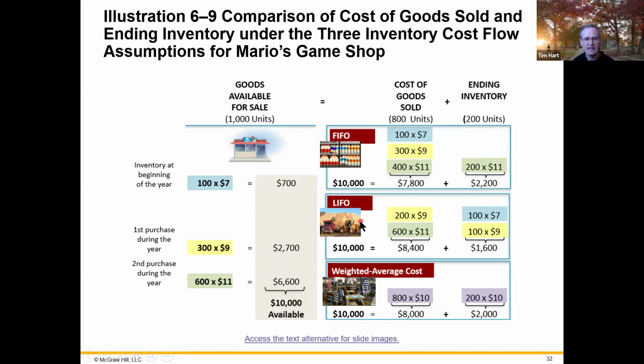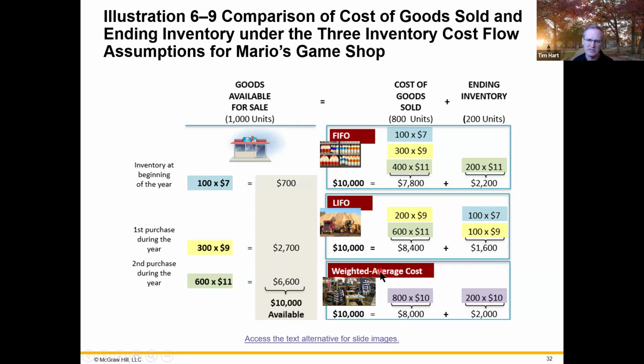Under LIFO, the sand method, the newest stuff is being sold first. We're going to work backwards. So we're selling all of the $11 units, some of the $9 units, right? So the ending inventory is the rest of those $9 units, plus all of the very oldest stuff we had, for an ending inventory of 16.